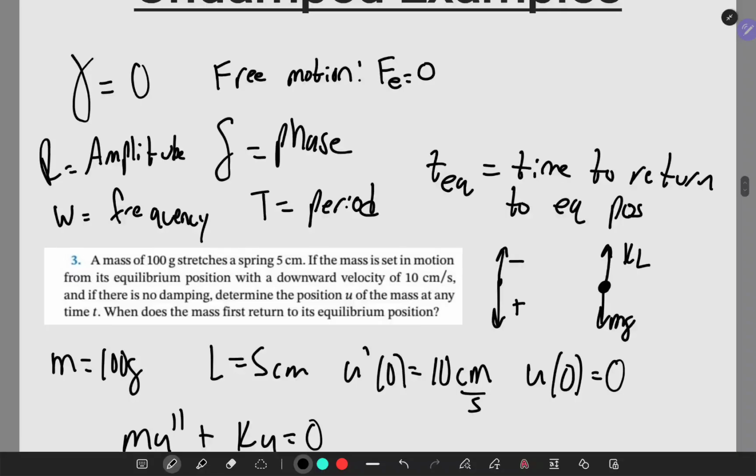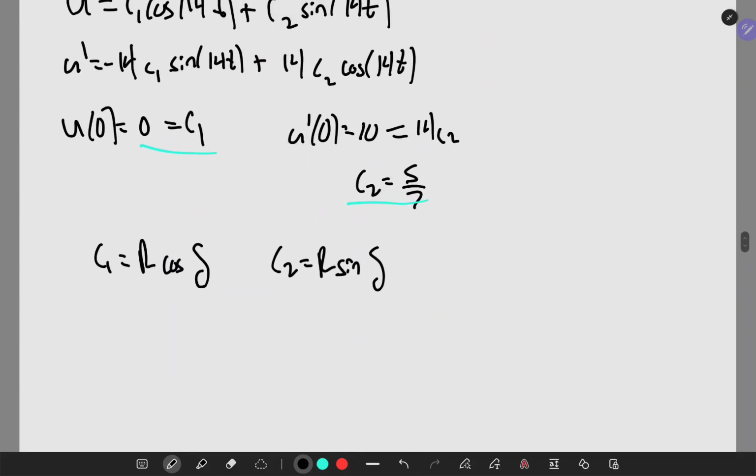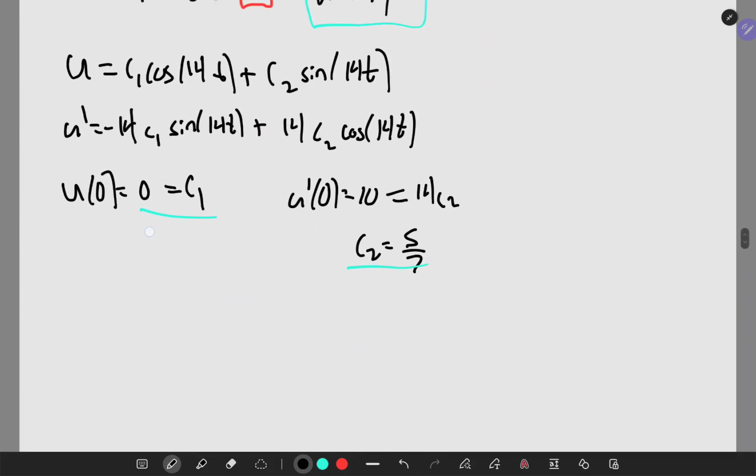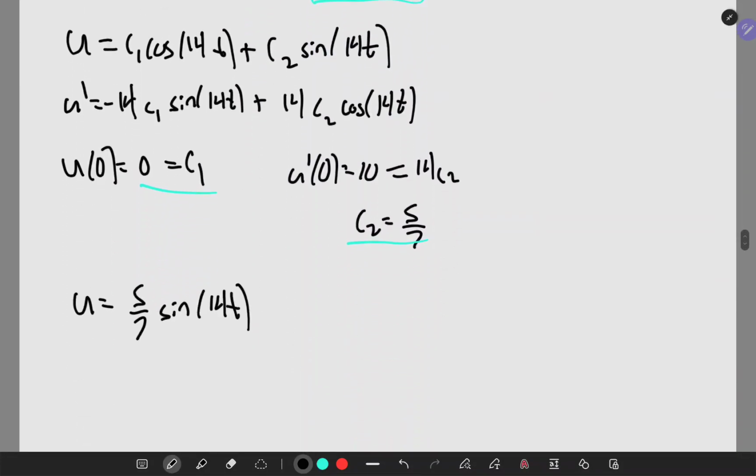Determine the position u of the mass at any time t. Okay, that's easy enough. We already have that answer. That's just plugging C1 and C2 back into here. This is what it was asking for. That is the position u of the mass at any time t.